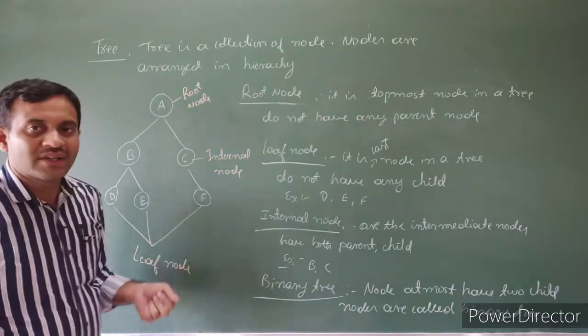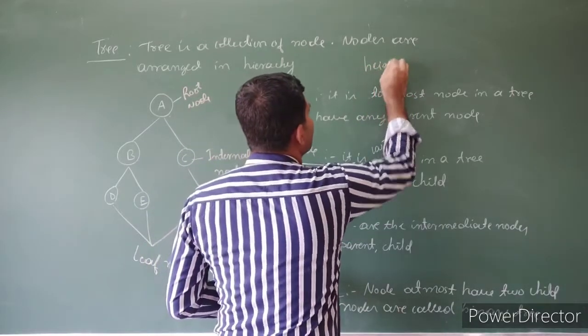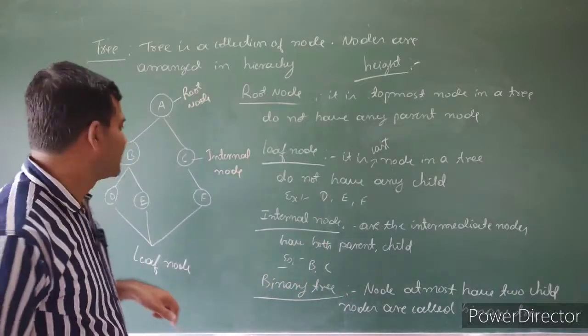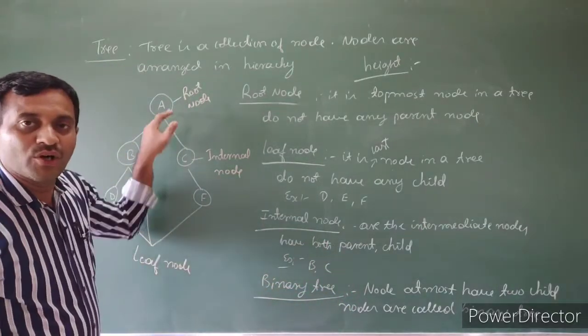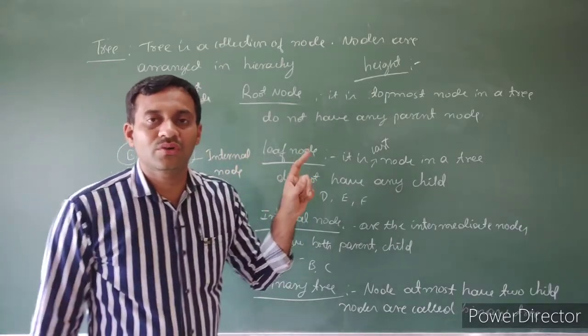Then one more, that is the height of a tree. Height of a tree means the distance between the root node and a leaf node.